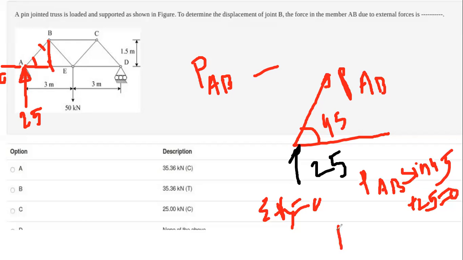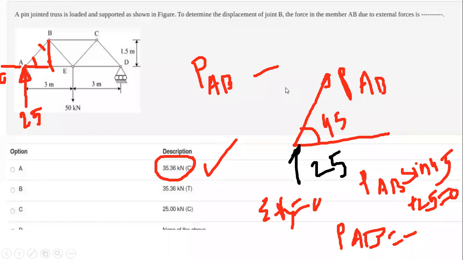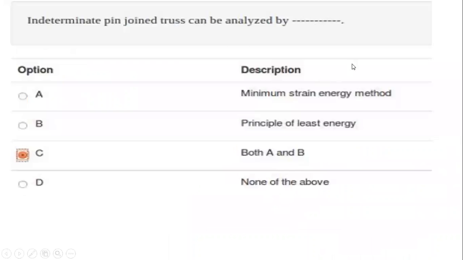So PAB will be minus 25 divided by sine 45. The minus sign indicates the force is compressive, and 25 by sine 45 is 35.36. That will be compressive. So option A is the answer.